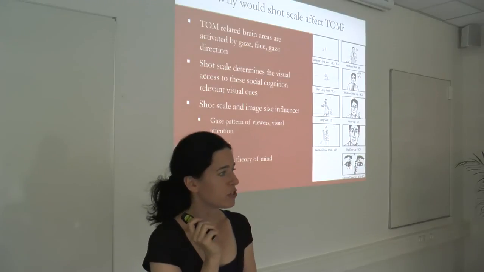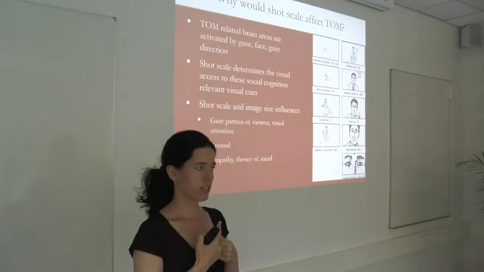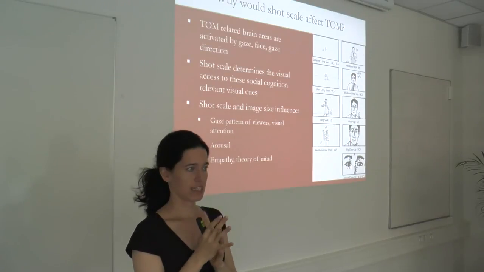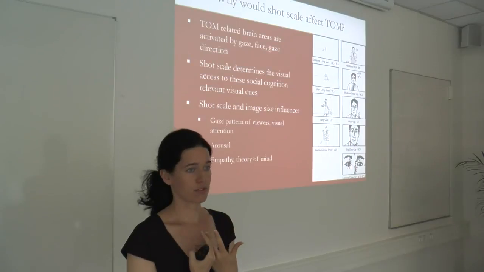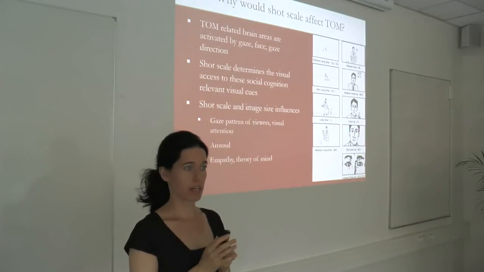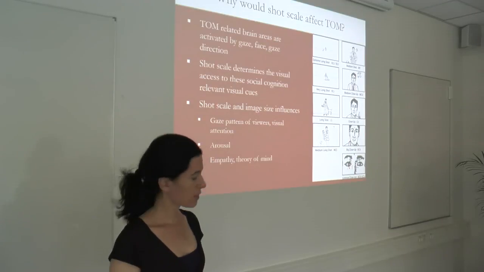So we assume that shot scale, so the physical distance from the character, actually regulates the visual access to these social cognition related cues. The closer the character is, the more visual information you have that will trigger these brain areas.